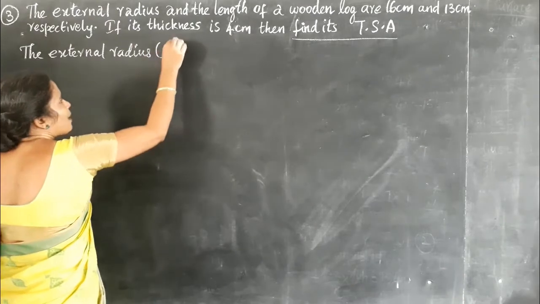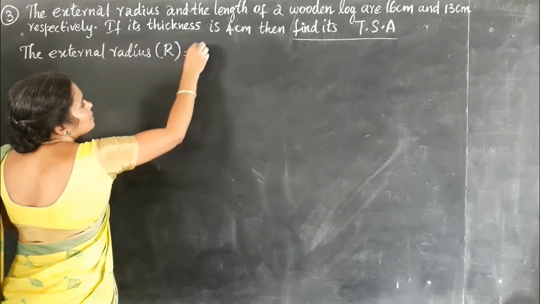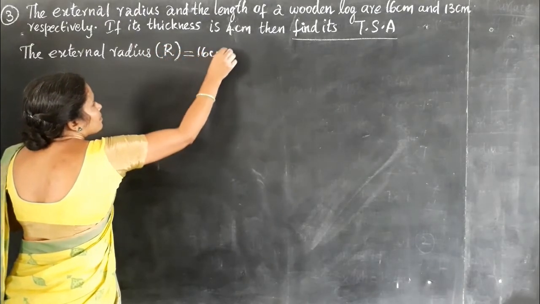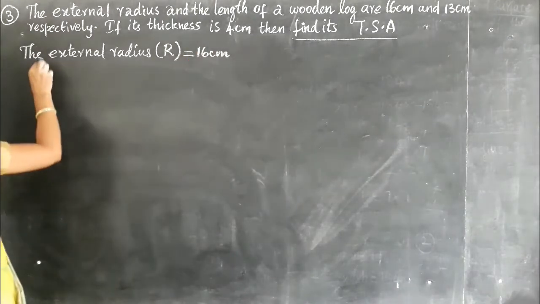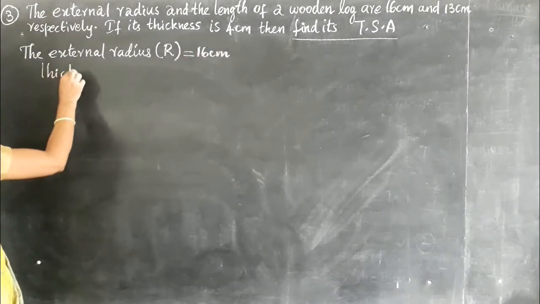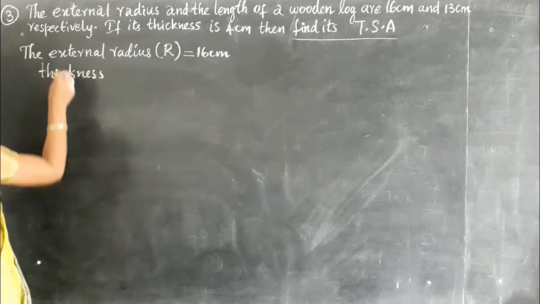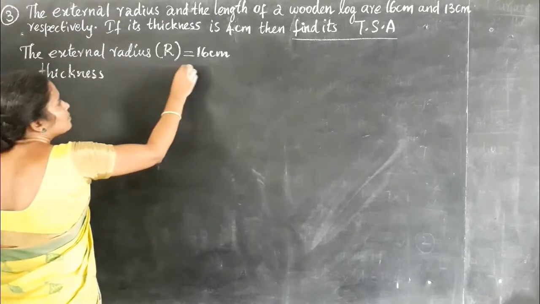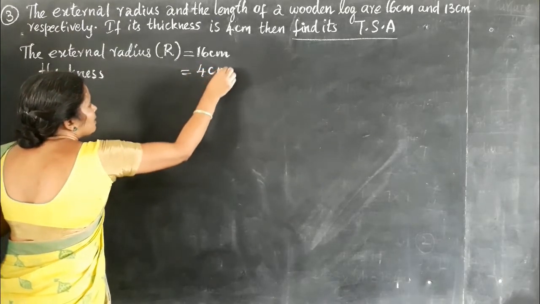External radius, capital R, is equal to 16 centimeter, and thickness is equal to 4 centimeter.